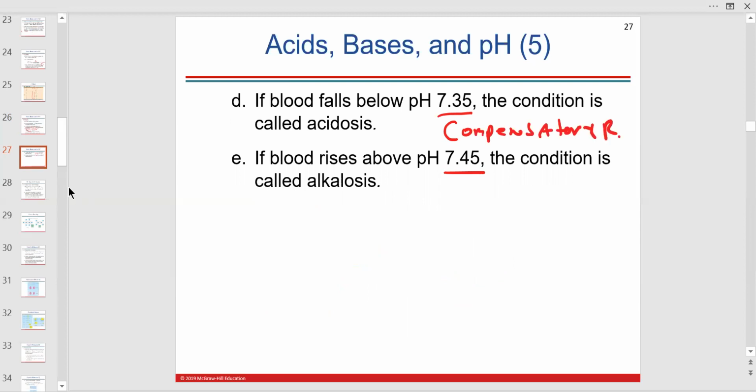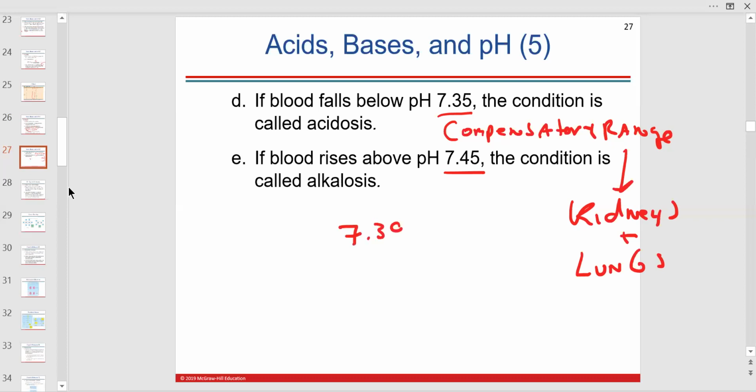Between what two organs? Pretty much always the kidneys and lungs. So the urinary system and the respiratory system. But if the pH of my blood is 7.39, I don't care, that is acidosis. I just have to find out why.